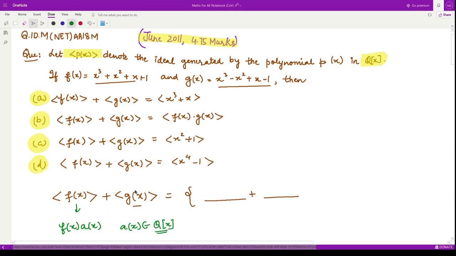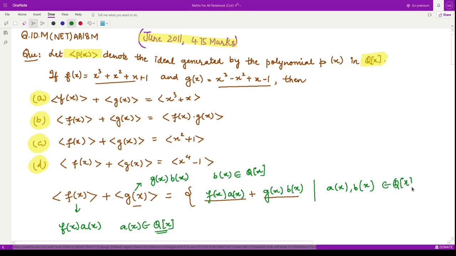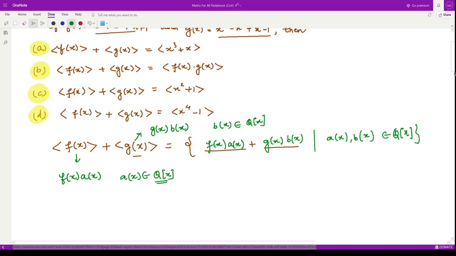Similarly, an element generated by g(x) would be of the form g(x) multiplied by b(x), where b(x) is some polynomial in Q[x]. So here we have f(x)a(x) plus g(x)b(x), where both a(x) and b(x) are from Q[x]. This is the definition of the thing that we are looking for.